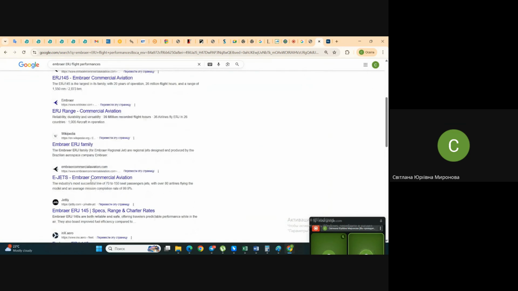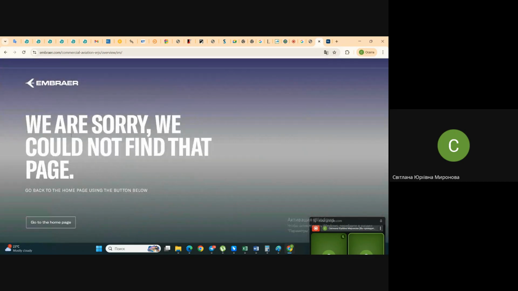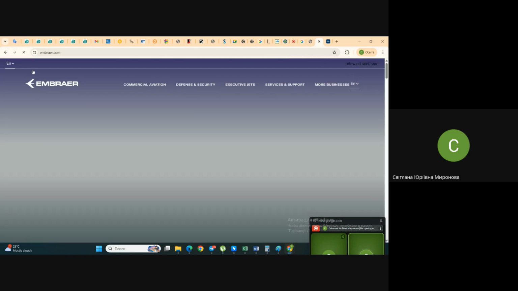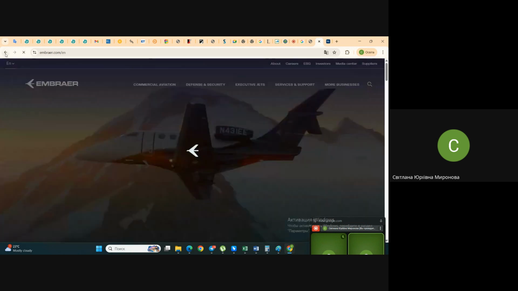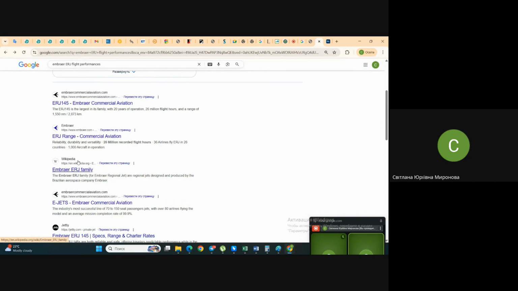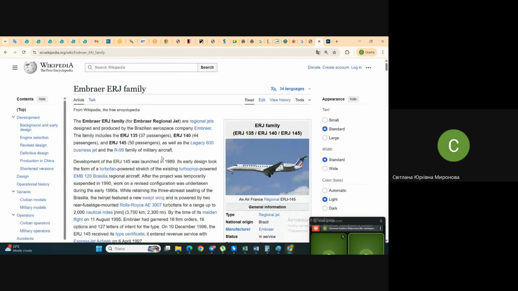Seems like not, only Wikipedia and Embraer itself. Let's try. Oh, here is maybe. No, it says it's a family of airplanes. Let's take a look into Wikipedia for this.